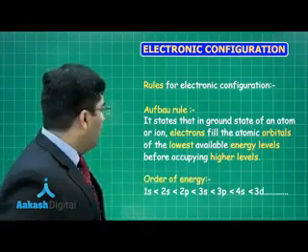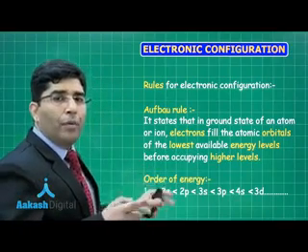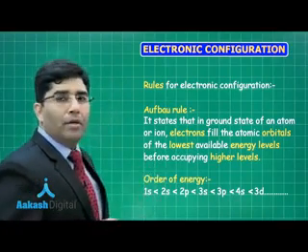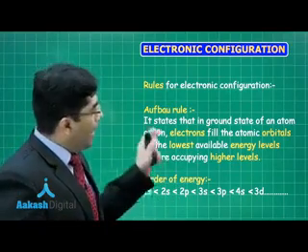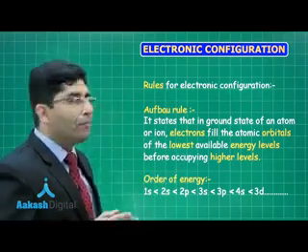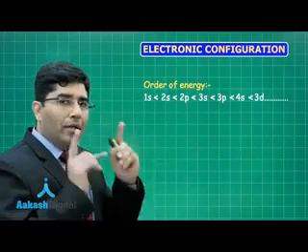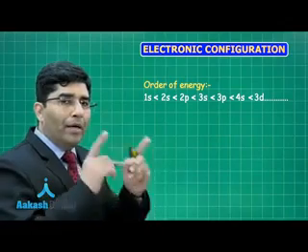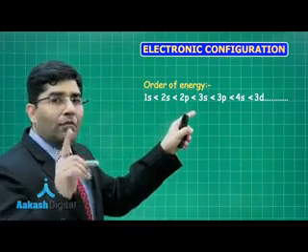And that will be 1s, then we will fill 2s, 2p, 3s, 3p, 4s, and then 3d, and so on. Right? So what is the order? The order is again 1s, then 2s, 2p, 3s, 3p, 4s, and 3d.